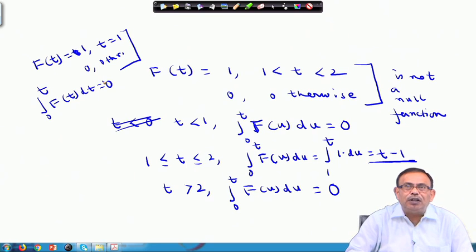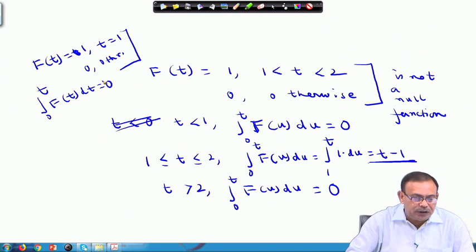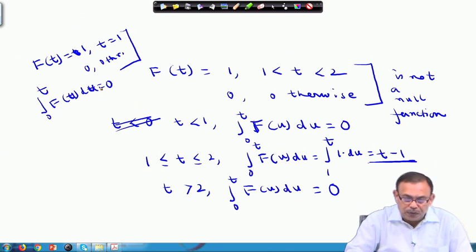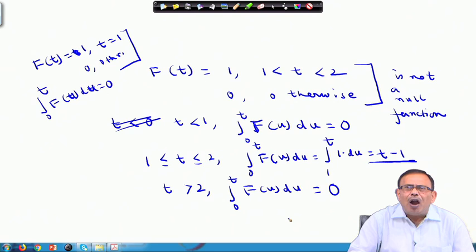So, a null function is a function such that whenever t is greater than 0, if you integrate from 0 to t of f(u) du, then in that case your value will be 0.